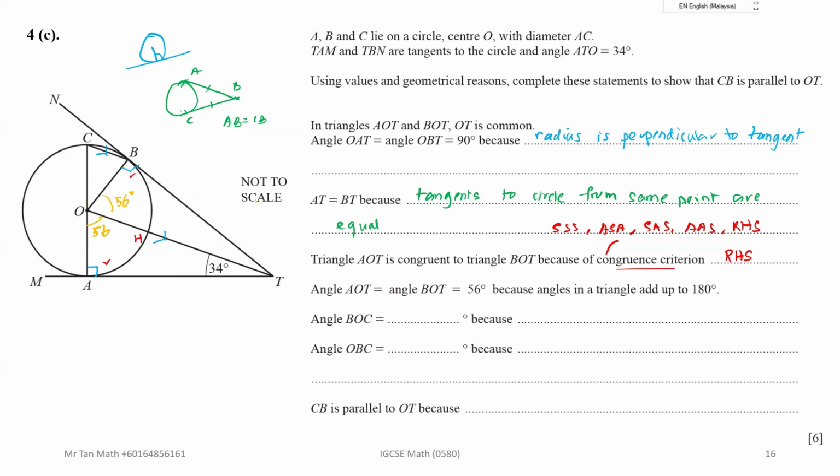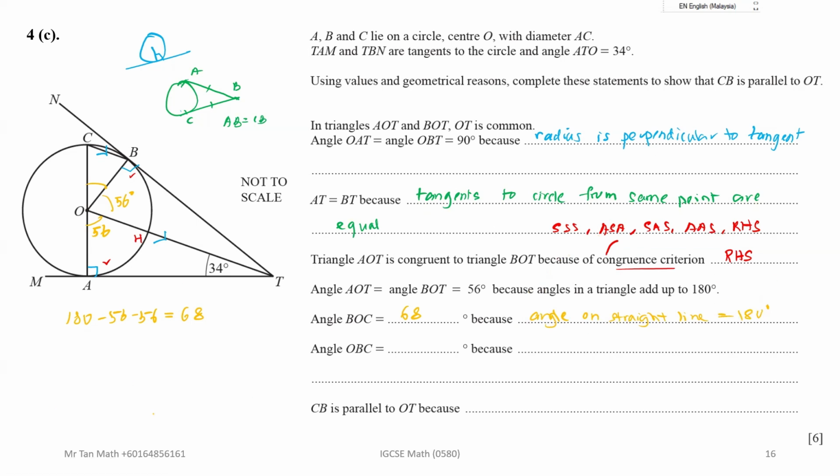So when you calculate, 180 minus 56 minus 56, you get 68, because angles on a straight line add up to 180.